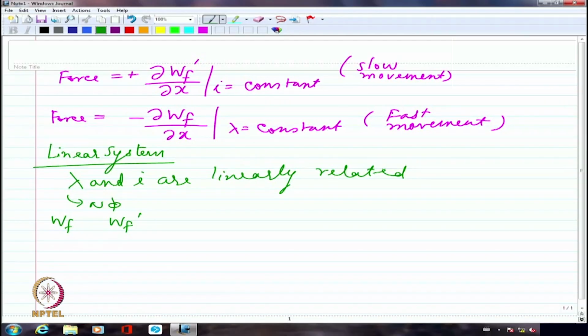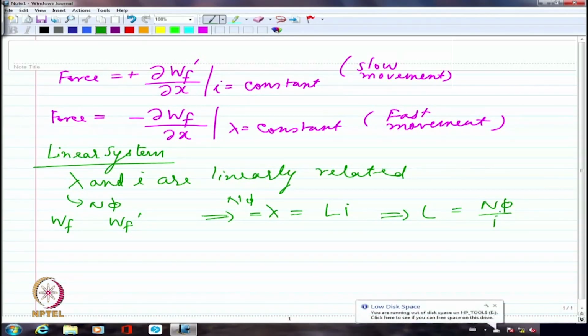So if it is a linear system, we are essentially saying that lambda equal to Li. Already we said lambda is equal to n phi. There is no change in that. But we are also writing n phi equal to Li. So because of which we are going to take L as n phi by I, rather than taking it as n into d phi by di. That's what we are taking as the inductance, right?